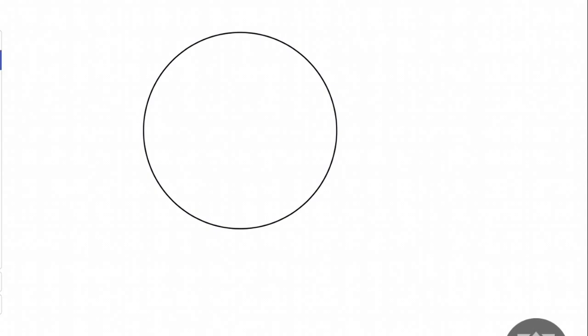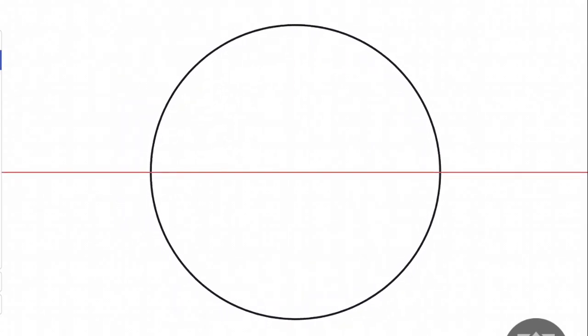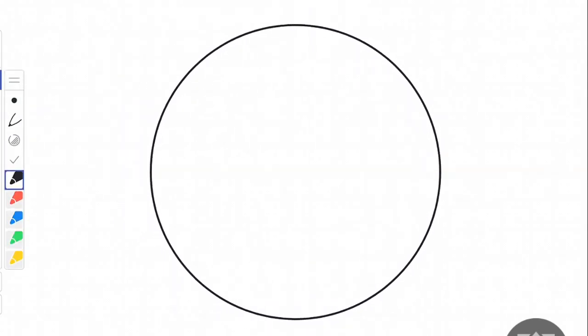Till now, I think hopefully this is good. Guys, children, pay attention now. This is a circle, right? Now I am just asking you a simple question. Let us say this is the center of the circle.